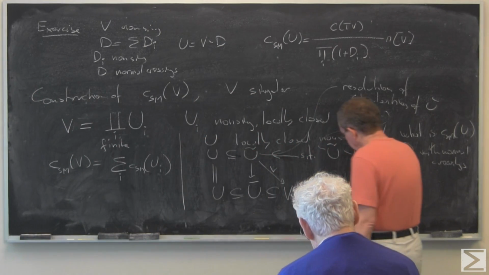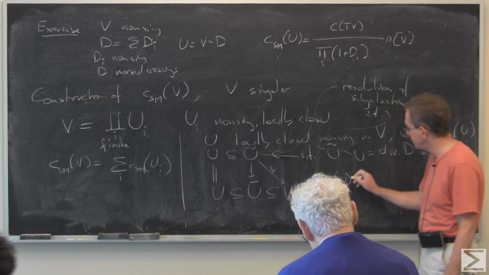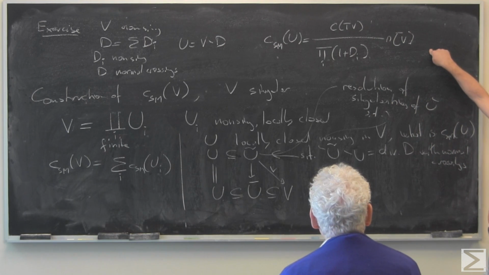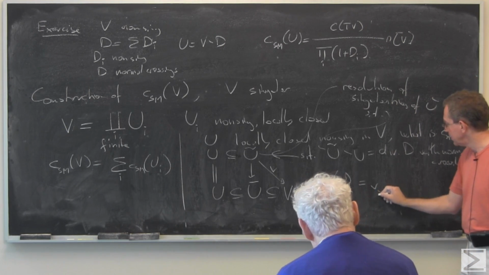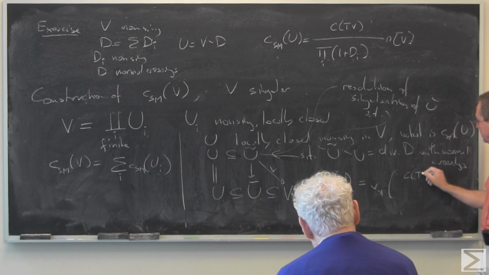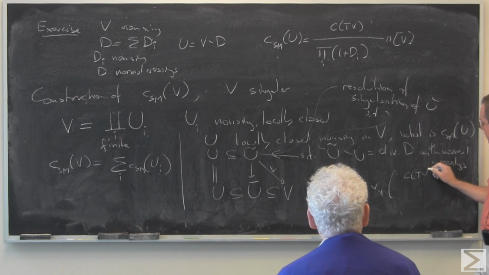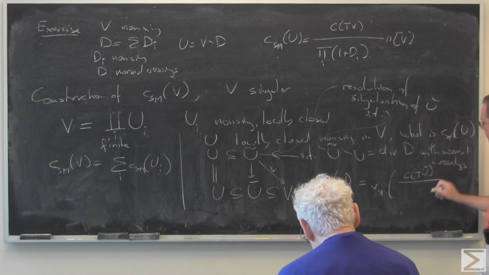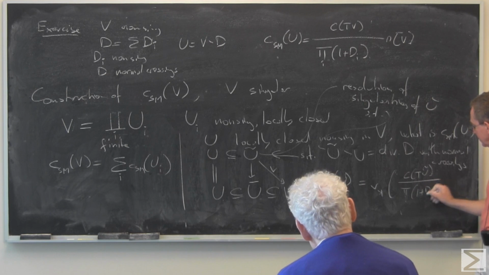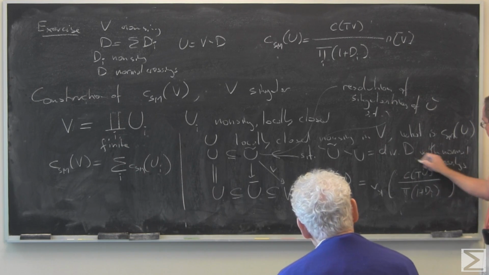The contribution that you will give to the Chern class of U by this computation which you have done as an exercise will be V lower star of c(T U tilde), that's the compactification of U, over the product of (1 plus D_i), where these are the components of the divisor.